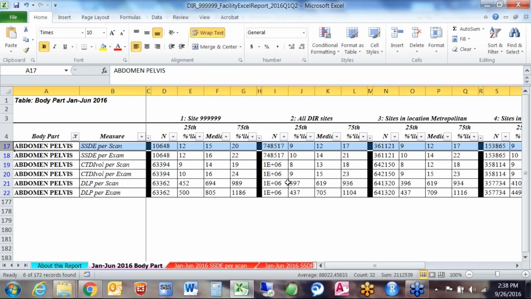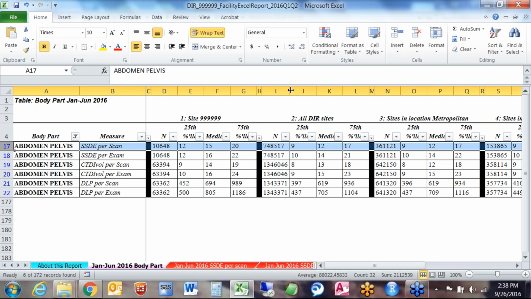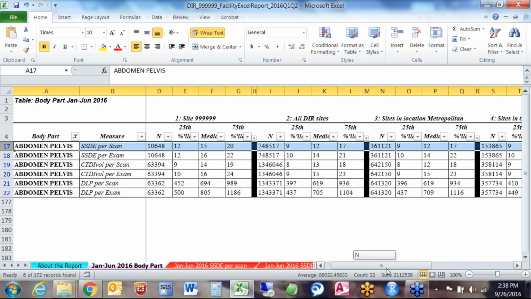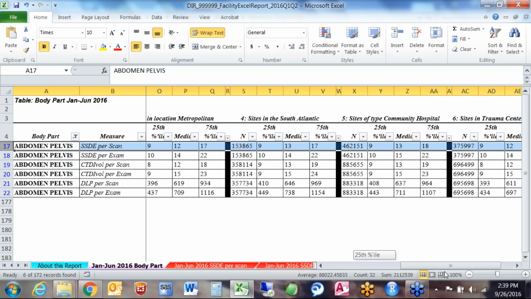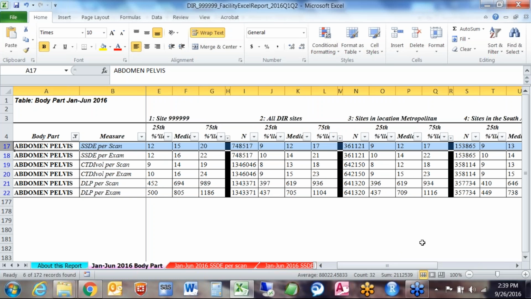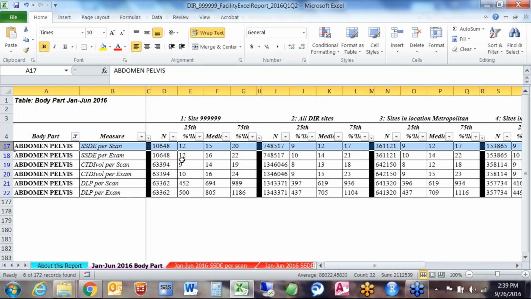Now, if you are looking at this weird number 1E, this is because there are too many numbers. Just double click it, and it will expand. So you can see for abdomen pelvis, SSD per scan, this facility is 25th. The number of exams was over 10,648.